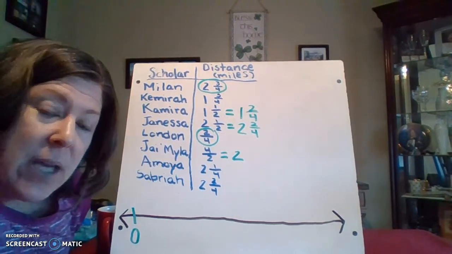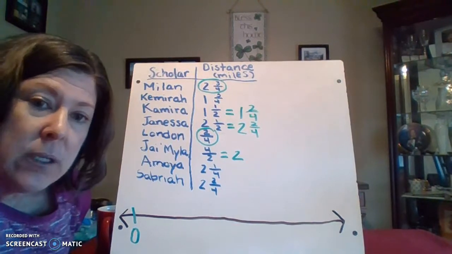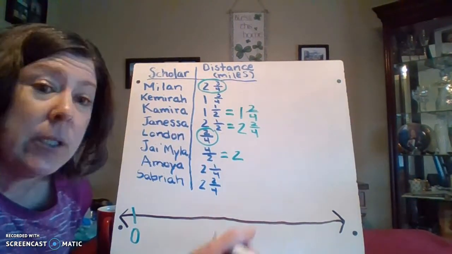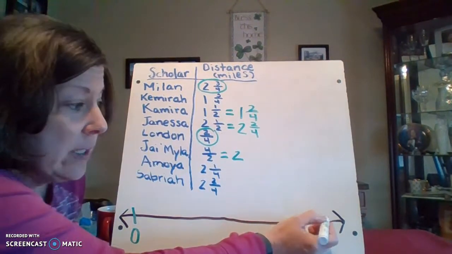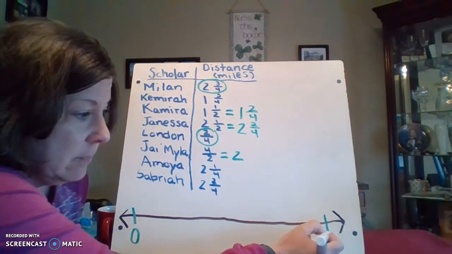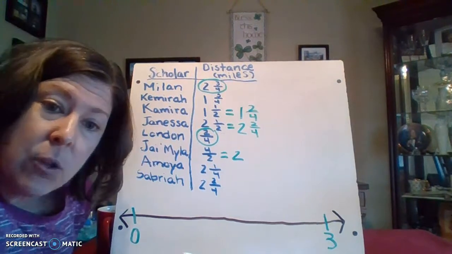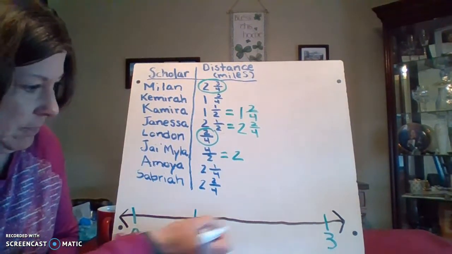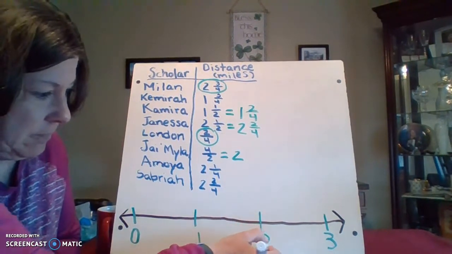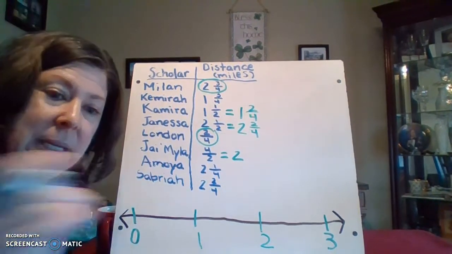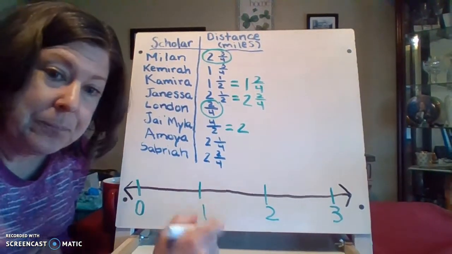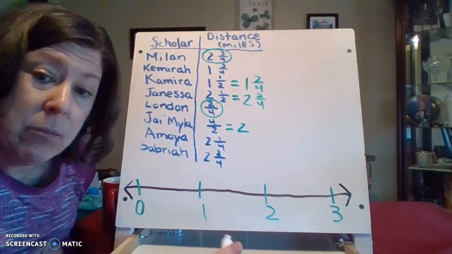I know the highest value is 2 3/4, but that means it's more than 2. So I can't stop at 2. I'm going to go to the next whole number, which is 3. So now I have the beginning of my line plot, ranging from 0 to 3.